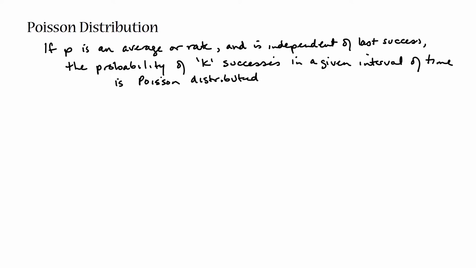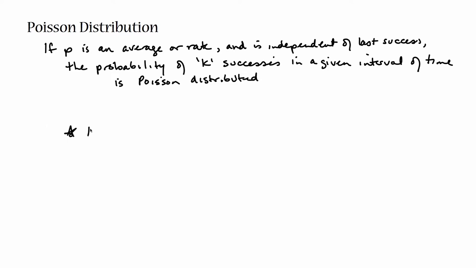For example, given how rarely I get phone calls, the number of phone calls I receive in a day is probably Poisson distributed. The number of prairie dogs in a square mile of habitat, probably Poisson distributed. Although maybe not, because they do tend to club together. Maybe, well, what's solitary? The distribution of moose in a square kilometer of territory might be Poisson distributed. So it's for events that are rare.